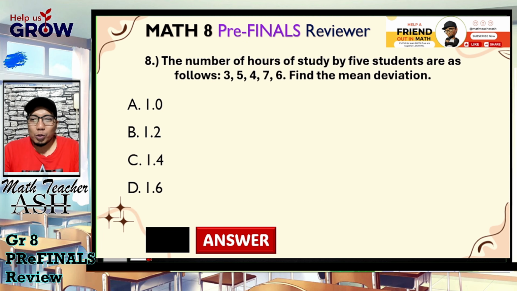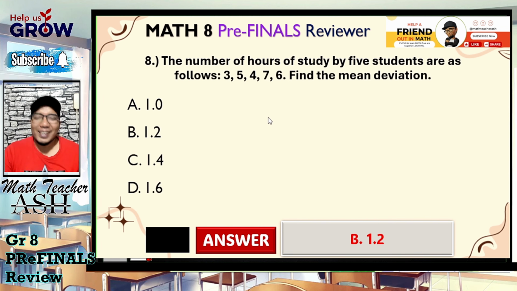When we add those numbers, my dear math learners, the answer would be 6. Then we divide it by the number of values given, so that is 5. So 6 divided by 5. What is the answer? Very good. The answer is 1.2. Letter B is the correct answer. Let's check whether we are correct. Easy, right? I hope you got that one, my dear math learners.